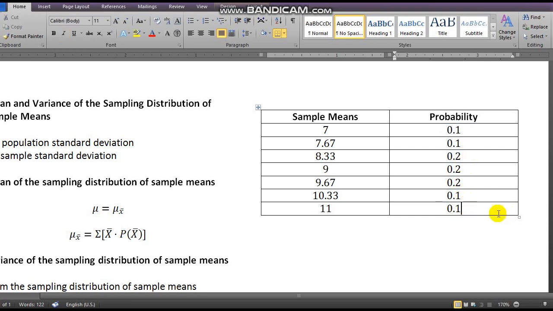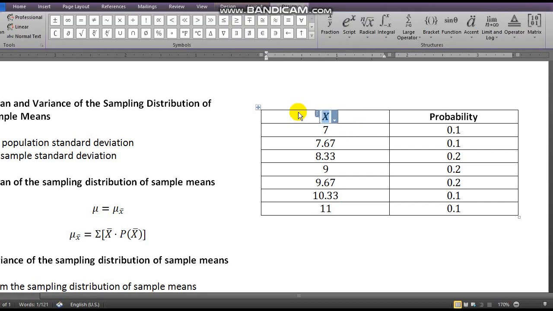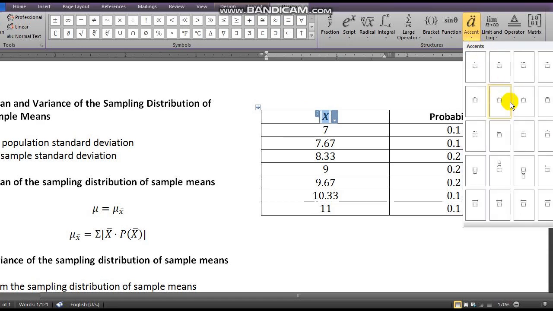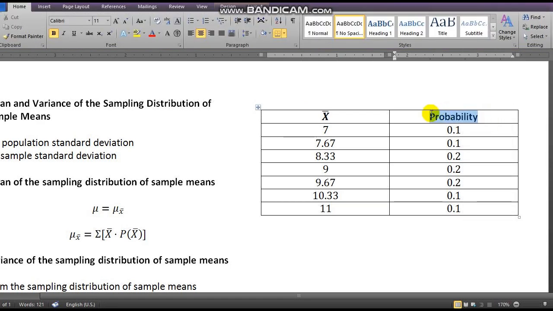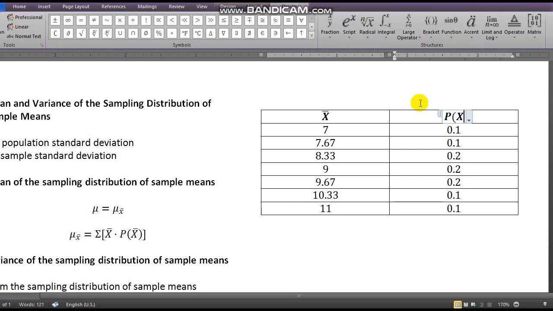But for the sake of computations, let's write this down as decimals, so it's much easier for us. Take note that the sample means is actually x bar, and the probability is P of x bar. So let's rewrite it as such.